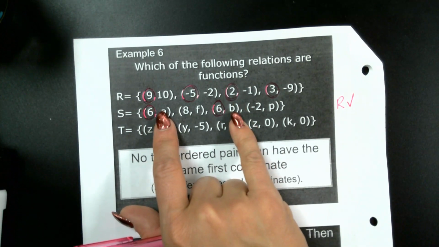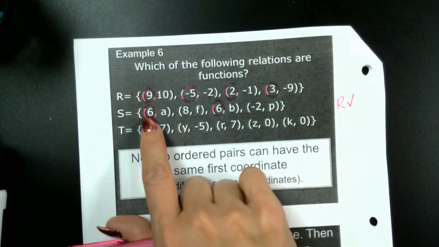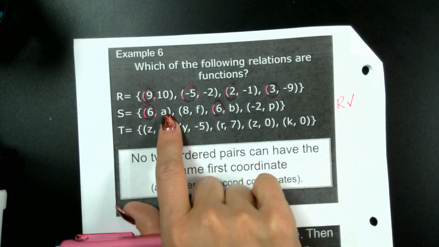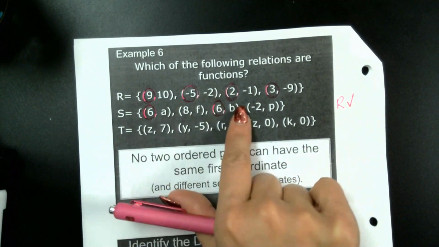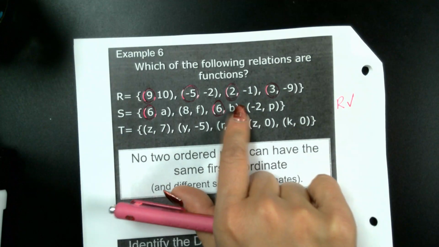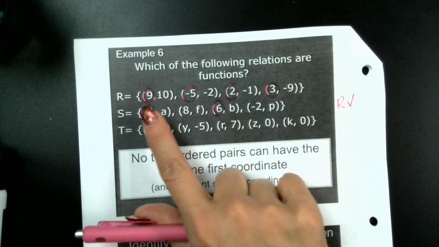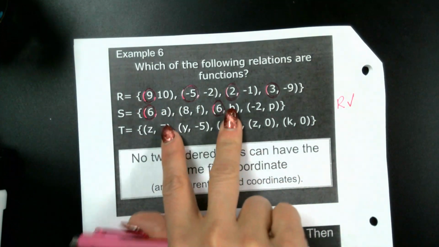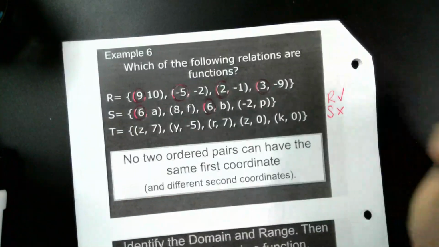And if they were the same, it would be okay, because the number 6 would only have one output. But this 6 gives you an output of A, and this 6 gives you an output of B. Would that be a function, yes or no? That would not be a function, because the input of 6 has 2 different outputs. So S is a no.